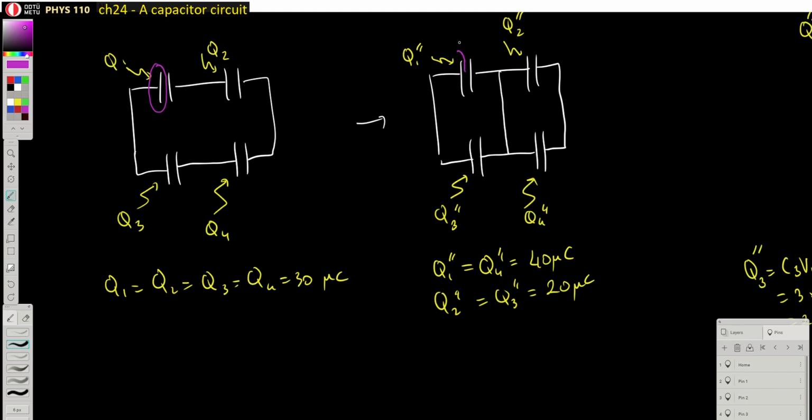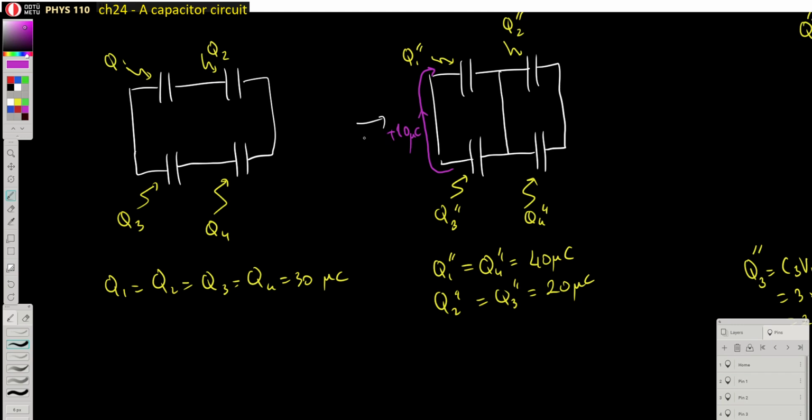After the connection, now the charge is 40 microcoulombs, which means 10 microcoulombs have flown from the positive plate of the third capacitor to the positive plate of the first capacitor. So that's 10 plus 10 microcoulombs that have flown over this edge like that.